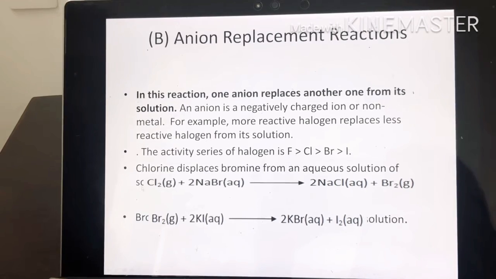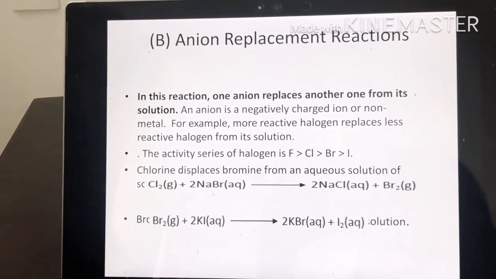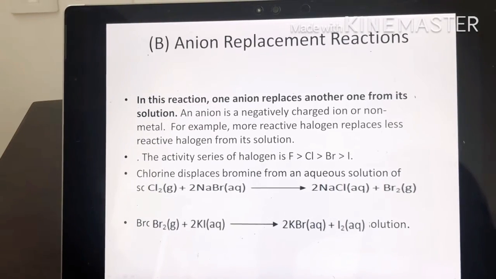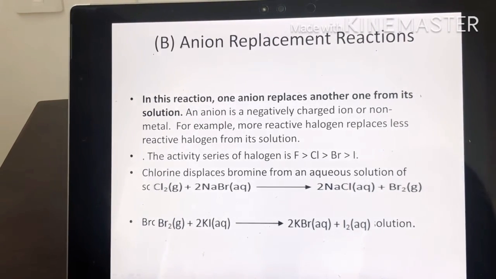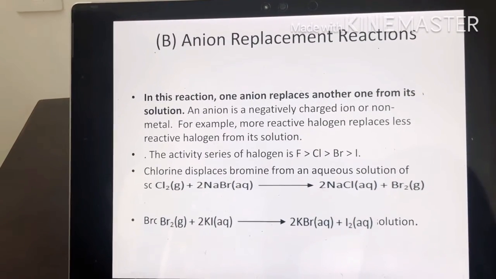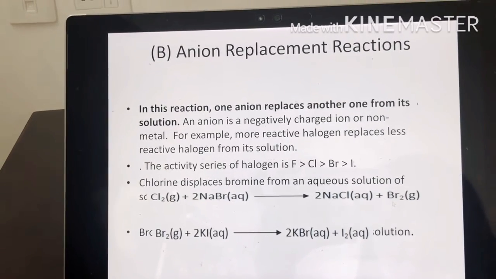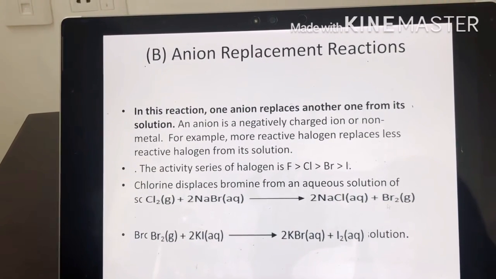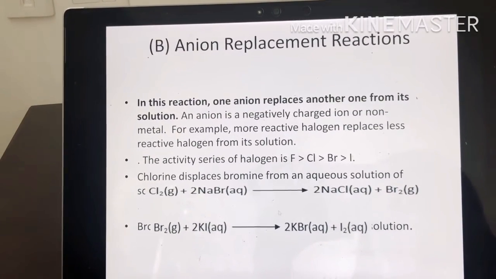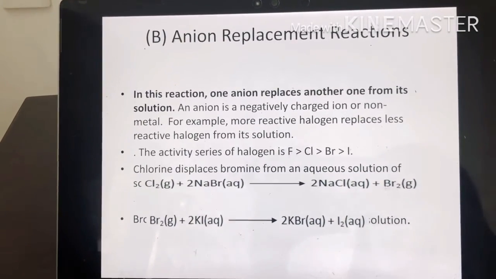In the first example, chlorine gas is passed into a sodium bromide solution, and the chlorine reacts with the sodium bromide to form sodium chloride, leaving the bromine gas behind. So bromine formed in the solution will be your observation. And this reaction is also a single displacement reaction.